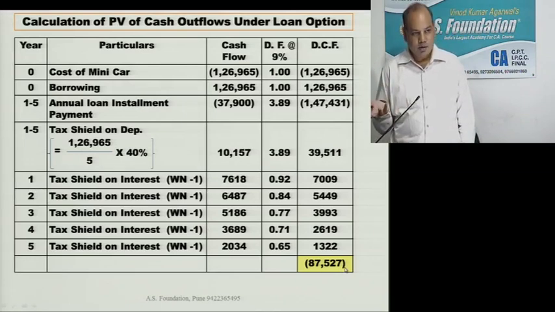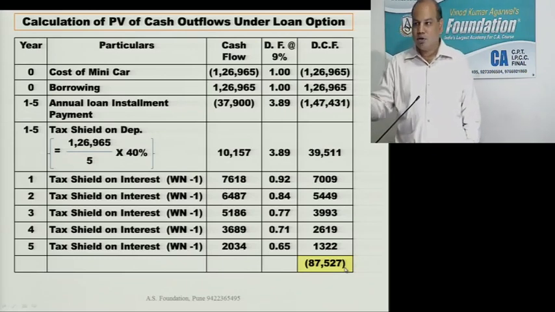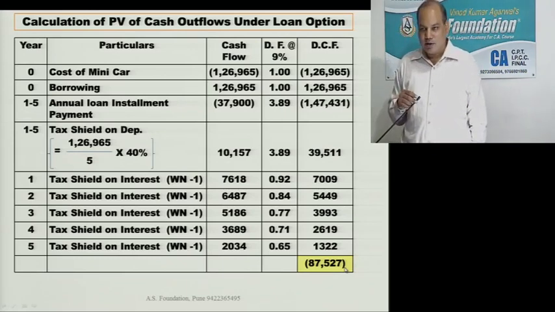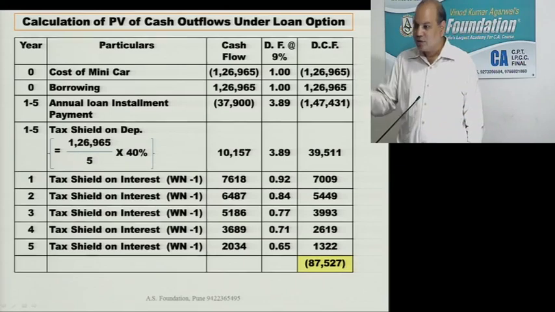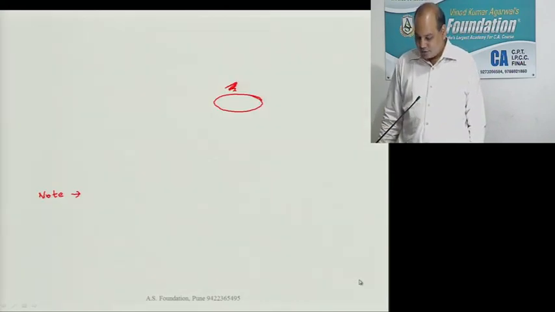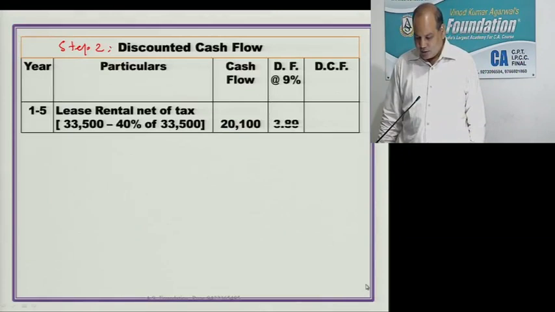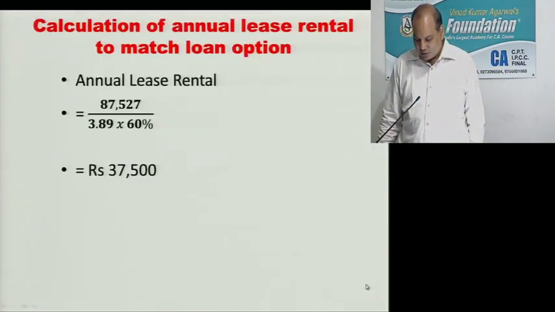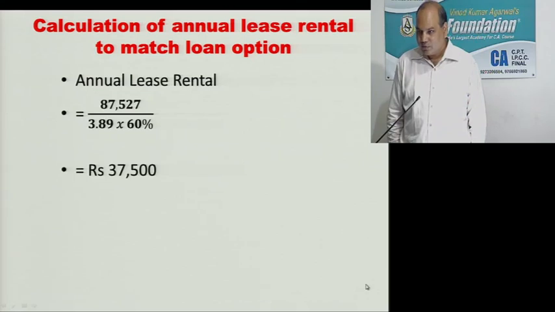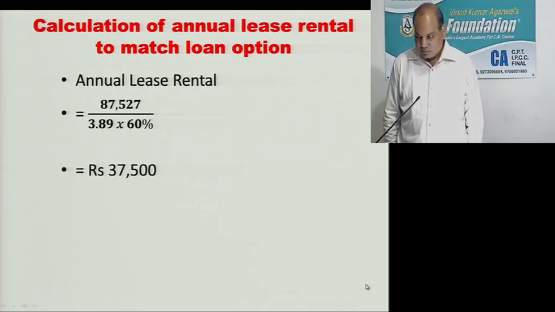Like the earlier problem, you want PV of lease as 87,527. First you divide by the annuity factor. That will give you post-tax lease rental. Again divide by 60%. You will get pre-tax lease rental. Answer is 37,500. Yes or no? Write down on your own.